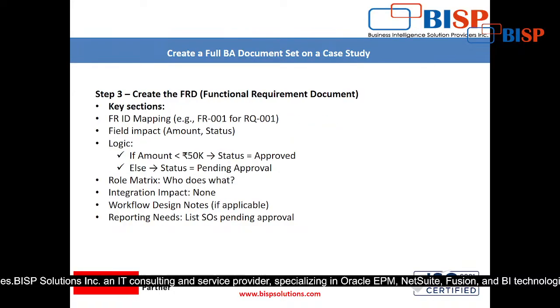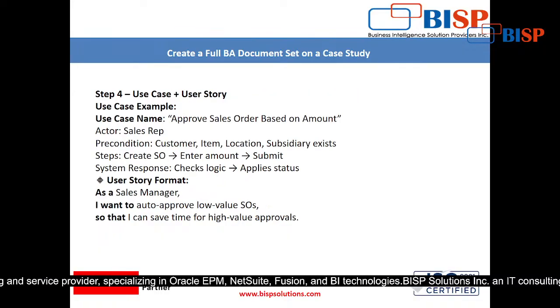Now see the difference between the use case and FRD. Functional requirement document means this is the functional requirement, what needs to be done, and use case means what is given to you and how it will be done. Clear? Okay, now user story format.